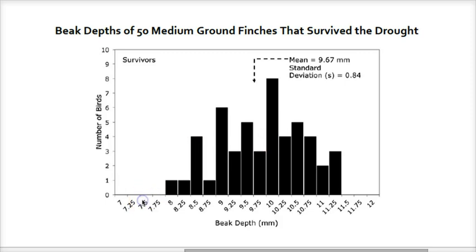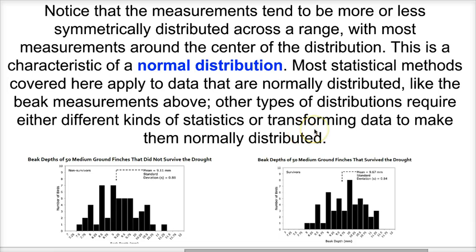Okay, so as we go forward and look at the data, we can see that the measurements tend to be more or less symmetrically distributed across this range, with most measurements around the center of the distribution. That's what we call a normal distribution. We would expect a normal distribution in the population, so our samples that we're taking should also indicate that.